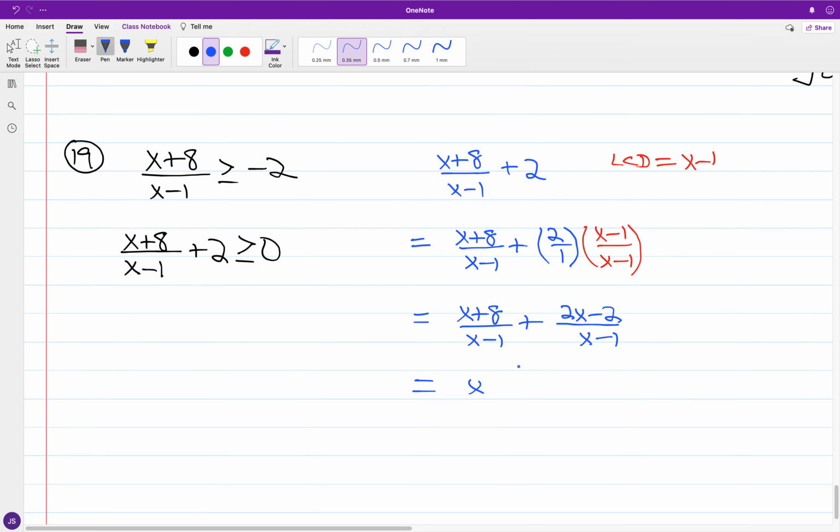Now we have the operation of addition, so there'll be no sign change manipulation regarding the second numerator terms.